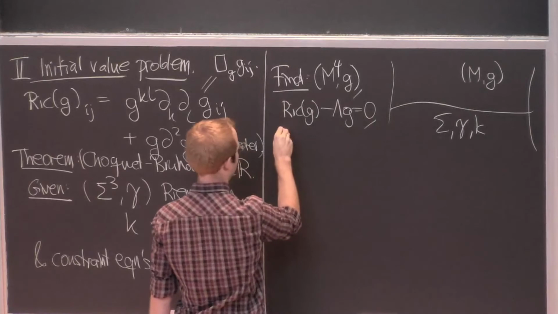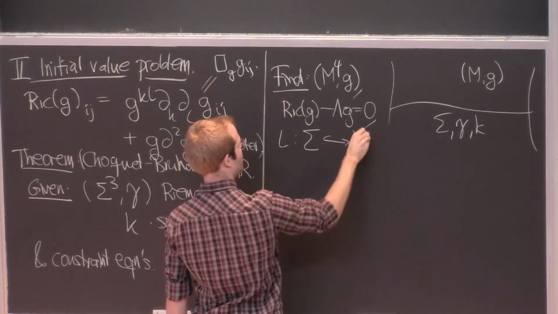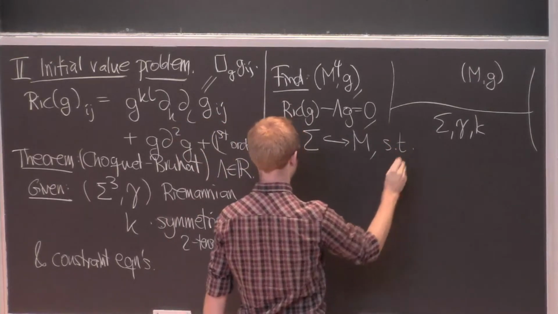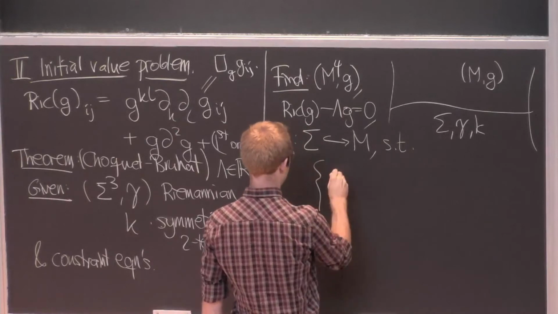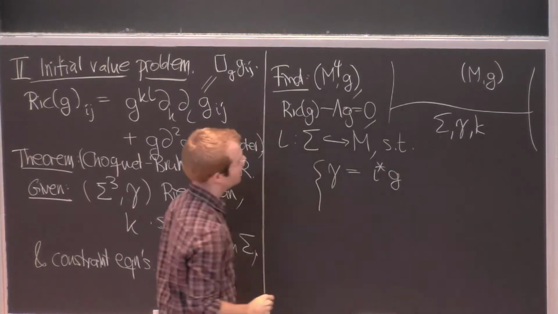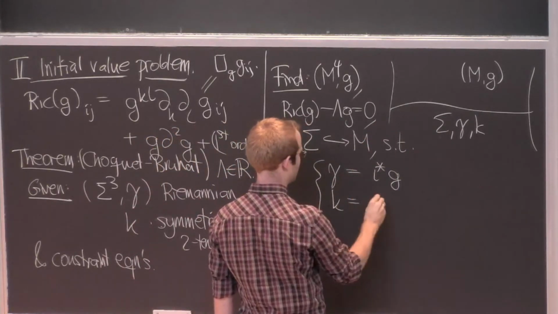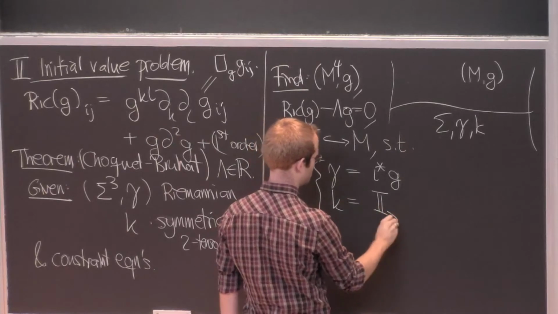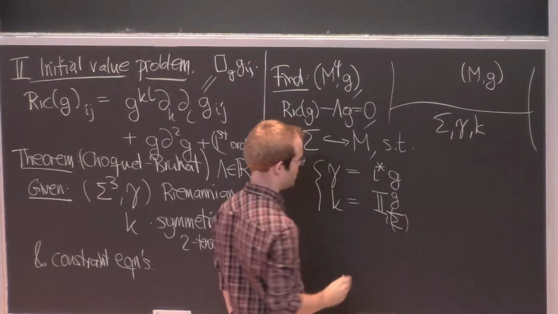So you have an embedding, let's call it iota, from sigma into M, such that the initial data are attained as follows. Namely, the Riemannian metric gamma is the pullback, or the restriction, of your metric g to this hypersurface. And K is the second fundamental form of this hypersurface, or the image of it, with respect to the metric g.